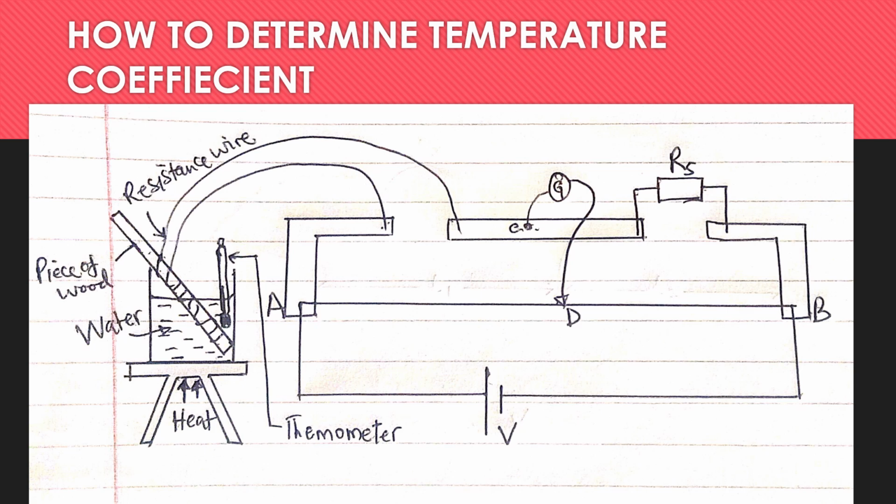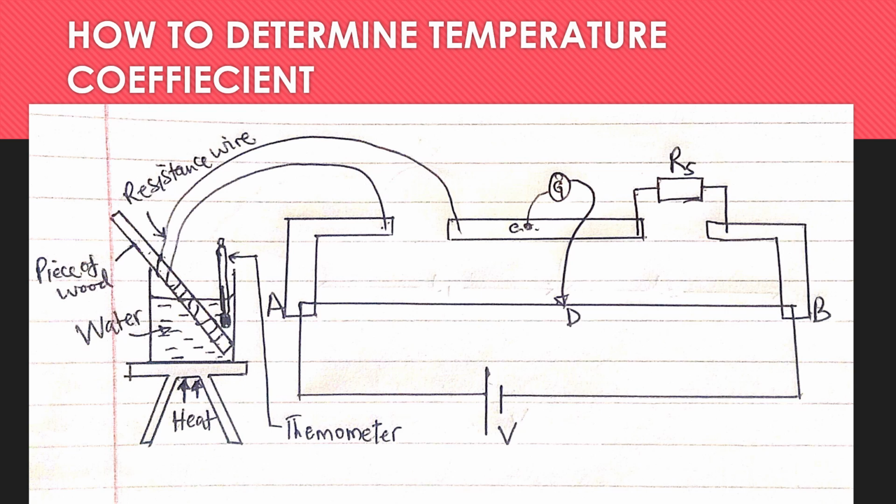Now, how can we find the temperature coefficient of resistance? For this one, we wind a wire on a piece of wood and immerse it in water in a beaker, and then place that beaker on a tripod stand, with a Bunsen burner underneath, and then connect the other ends of the wire to a meter bridge.